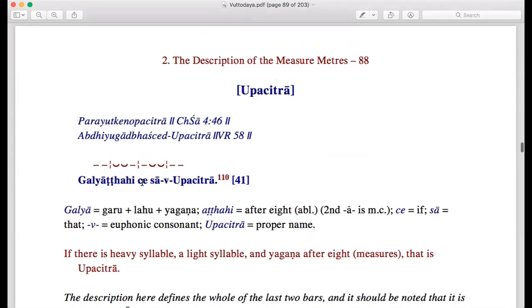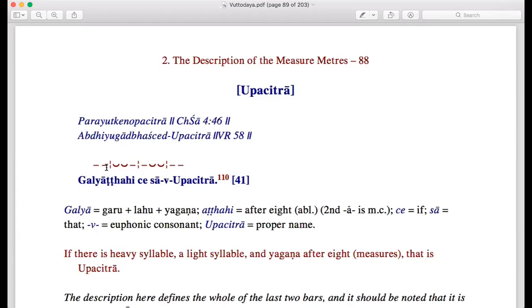So galyathahi chesa upachitra. Va is an euphonic consonant here. It is inserted. Upachitra is the name. It's called Upachitra when galyathahi, galya, you see, garu lahu yagana. Ga is for garu, L is for lahu, ya is for yagana. So garu lahu yagana should be there, attahi, after 8.